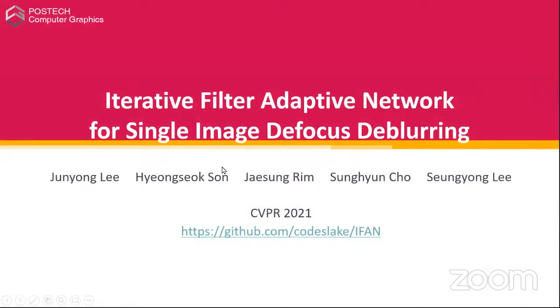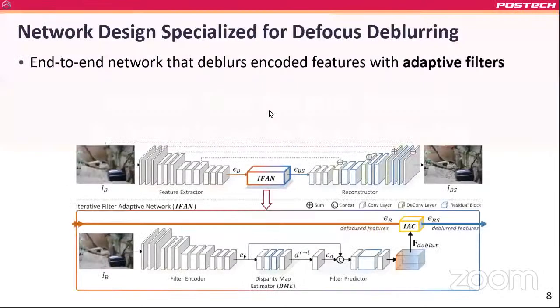Recently, I worked on this defocus deblurring problem, and today I will introduce two of my recent papers on the topic. The first one is about the iterative filter adaptive network for defocus deblurring. Here, we try to design a specialized network for defocus deblurring. Our key idea is to estimate an adaptive filter.